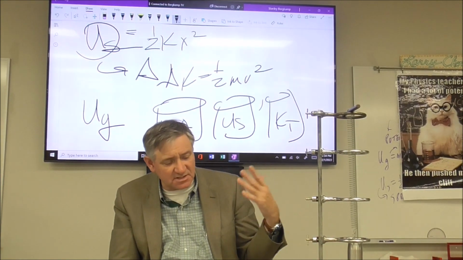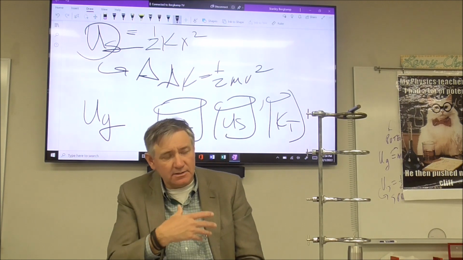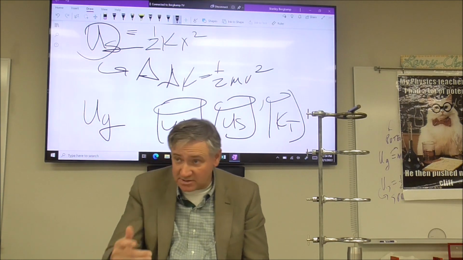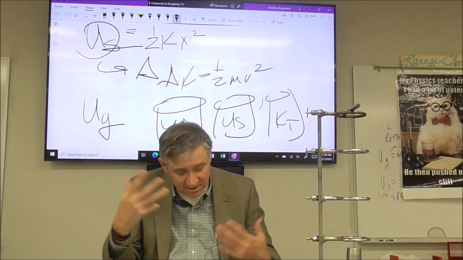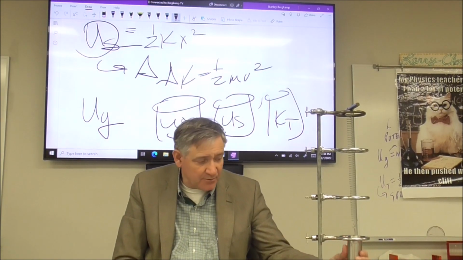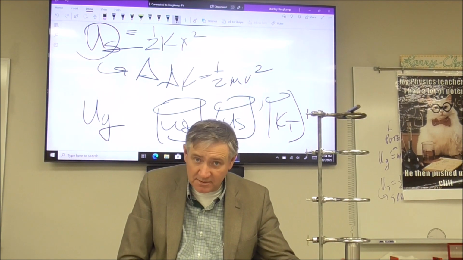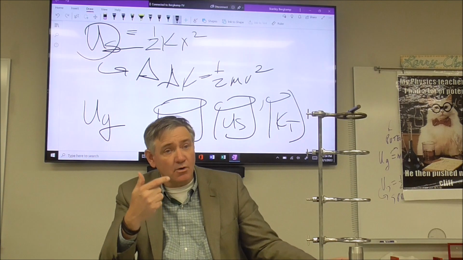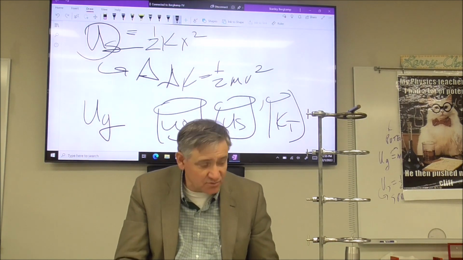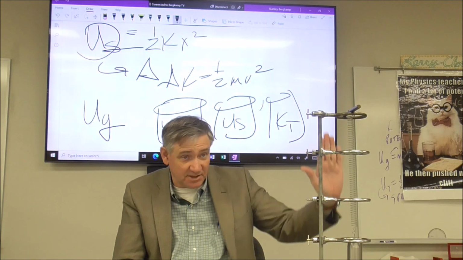Now, one of the questions is going to be, what would happen if you tried to do this lab in a zero gravity situation, if you were in orbit, okay, or in zero gravity? So visualize this. I would pull this down, okay, and then I would let go of it. But there would be no gravity. This is a straight shot, okay?